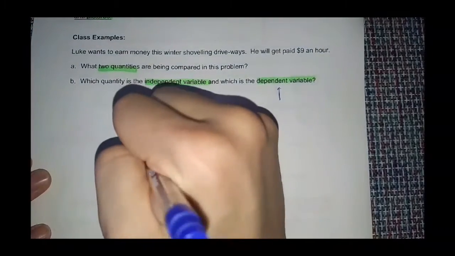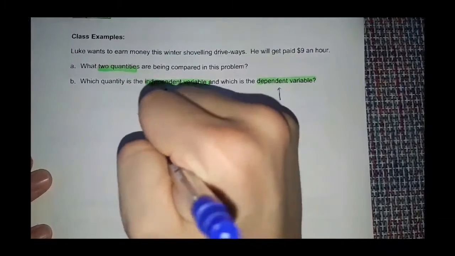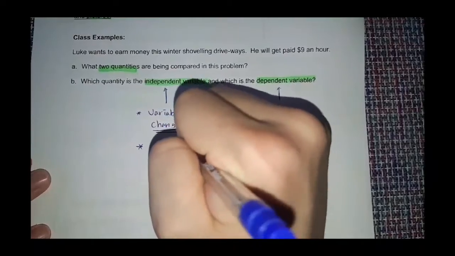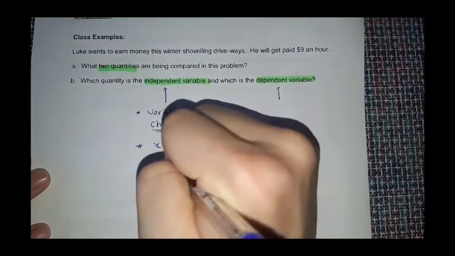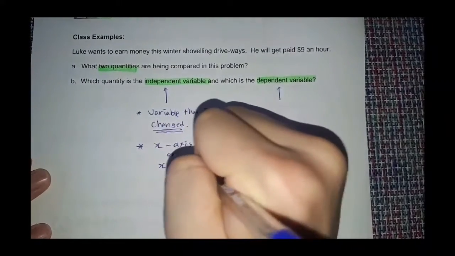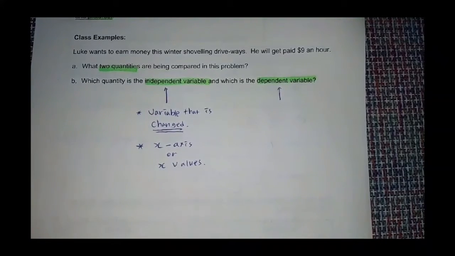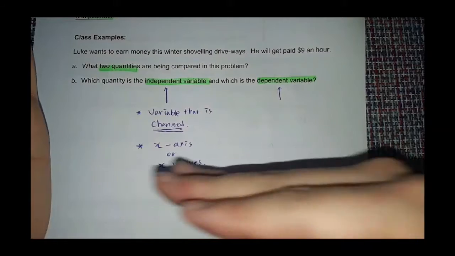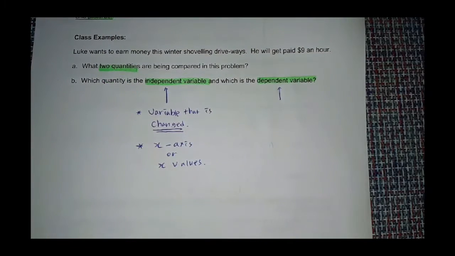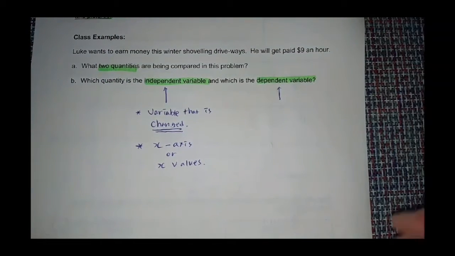Generally, this is the one that we use for x-axis or x values. So in terms of a graph, if you think about the Cartesian plane, horizontal and vertical, it is the horizontal one.